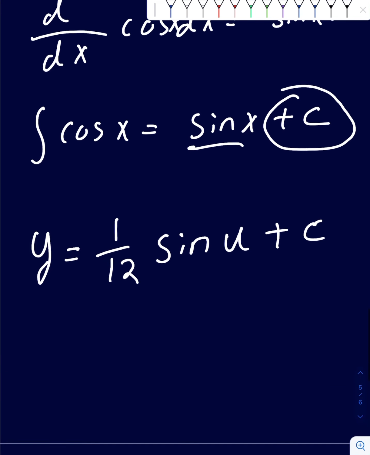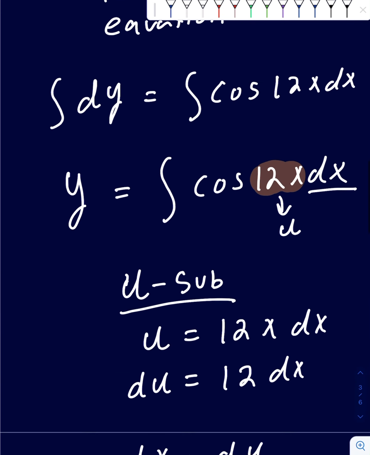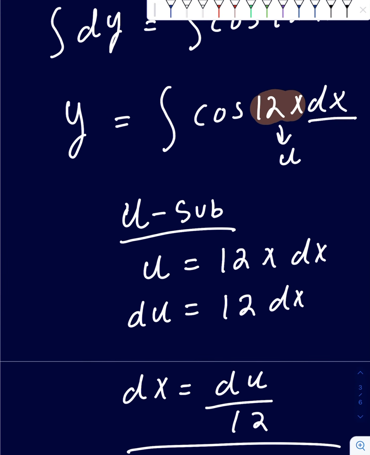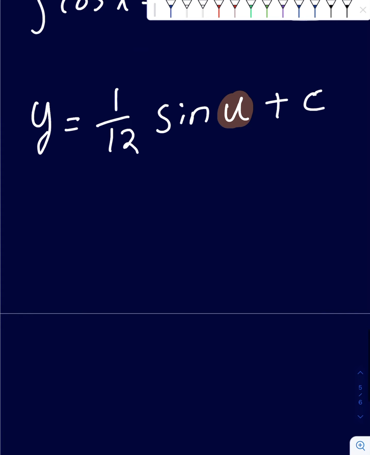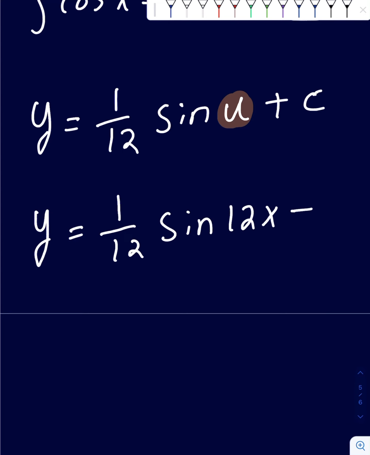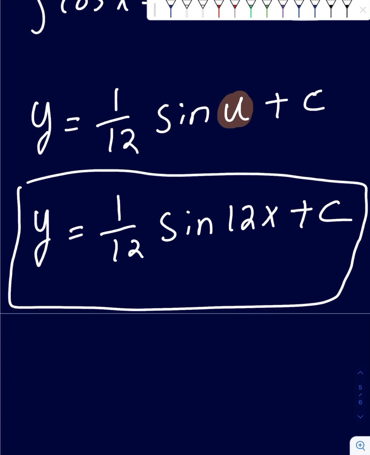So now we have our u right here, and we go all the way up. When we dealt with u substitution, our u is equal to 12x, and we're going to plug it back in. So y is equal to 1 over 12 sine of 12x plus c. So this is the final solution to this problem.